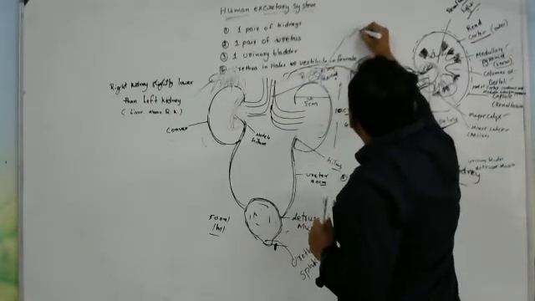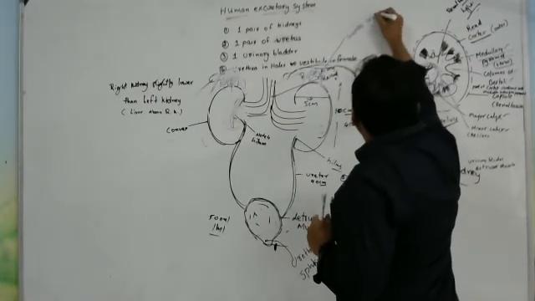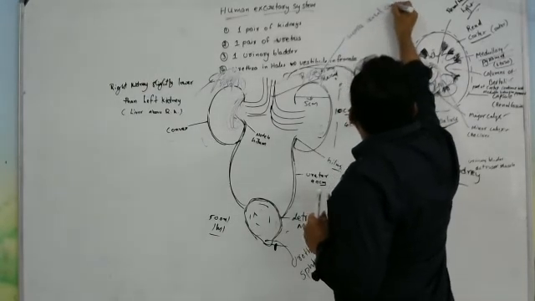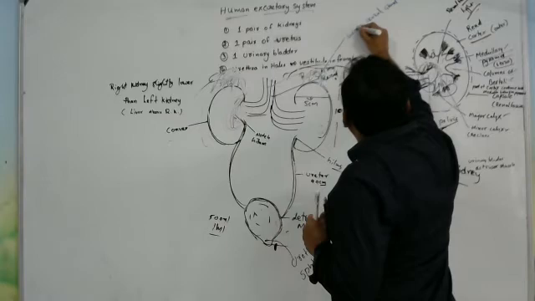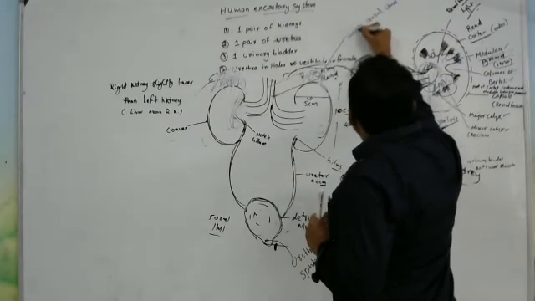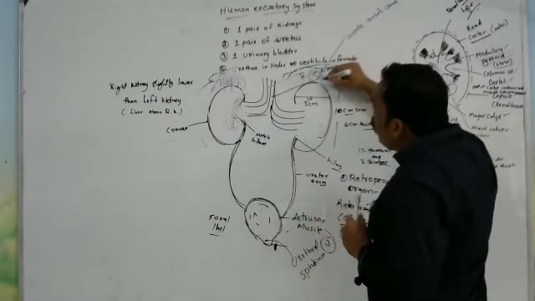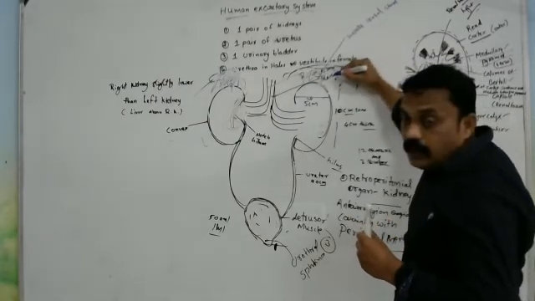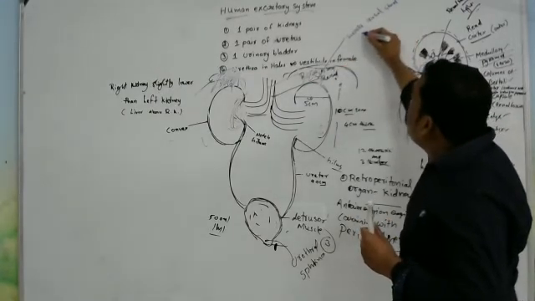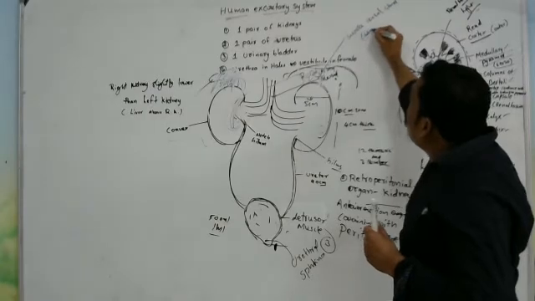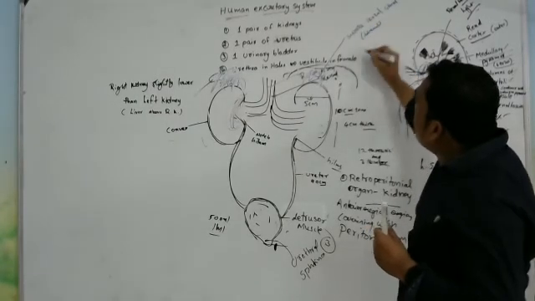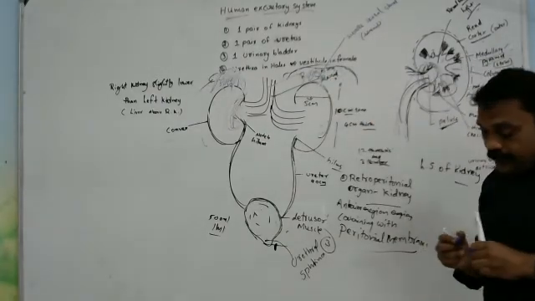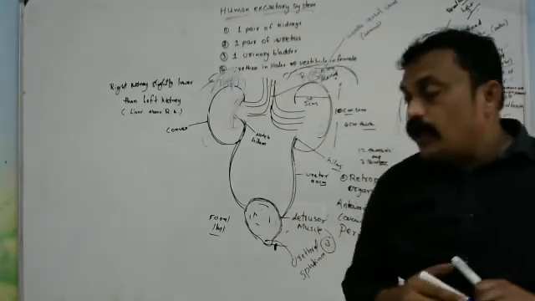Supra means above, renal means kidney. Which gland is that? The adrenal gland is located above the kidneys.